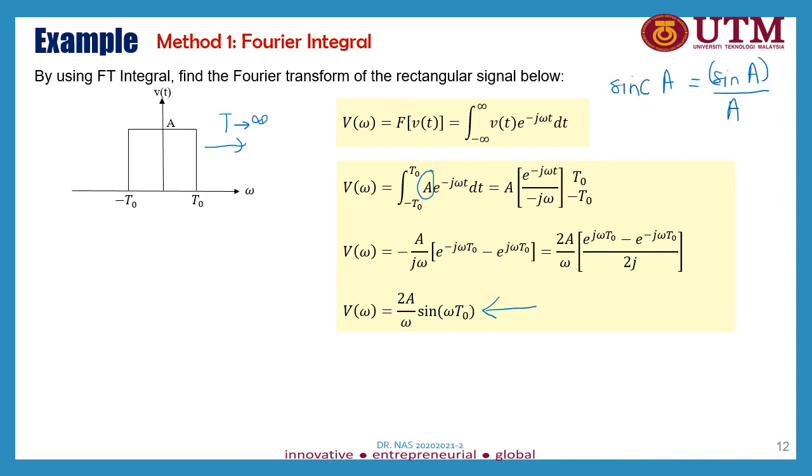In this case, you have 2A over omega, then you have sin omega t naught. To get this into a sinc function, it must be divided by whatever is in the bracket, so omega t naught. When you introduce the additional function, you need to multiply here with omega t naught. Okay, so you can simplify the equation.